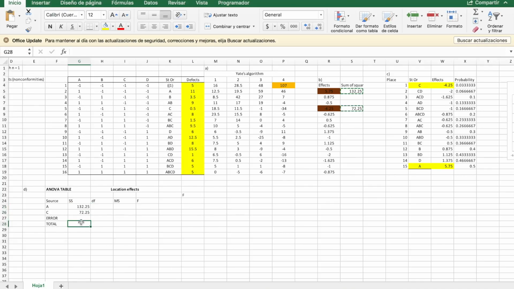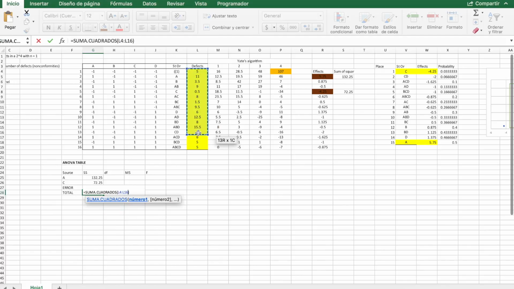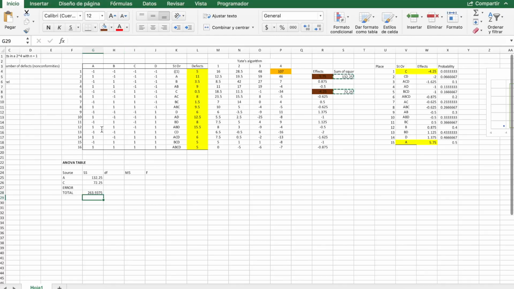For the ANOVA table, the total is going to be the sum of the squares of the whole defects minus the grand total squared over 16 because we have 16 data. The error is going to be the total minus the sum of squares of A plus the sum of squares of C.